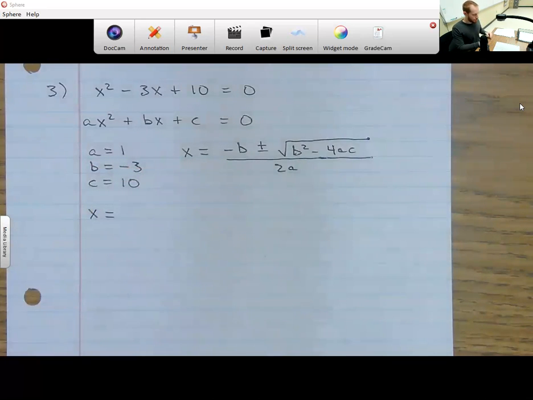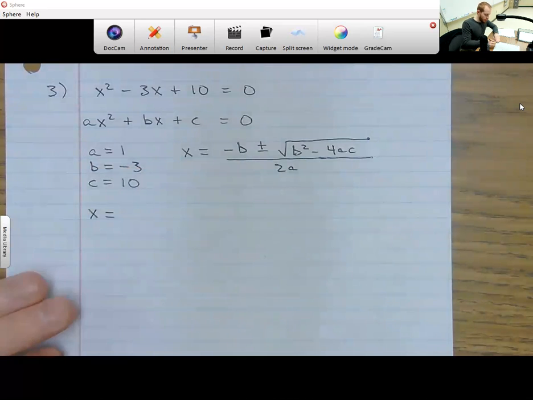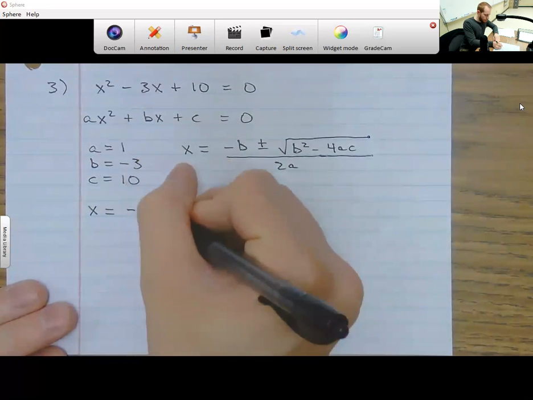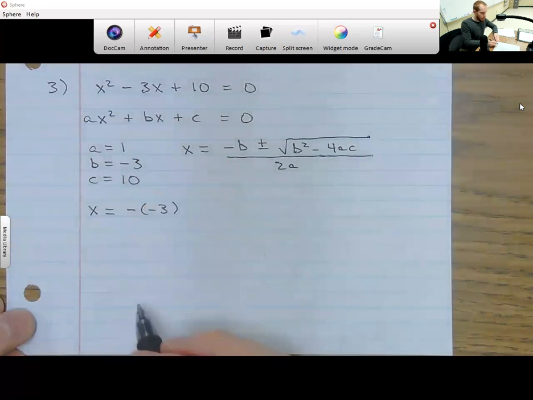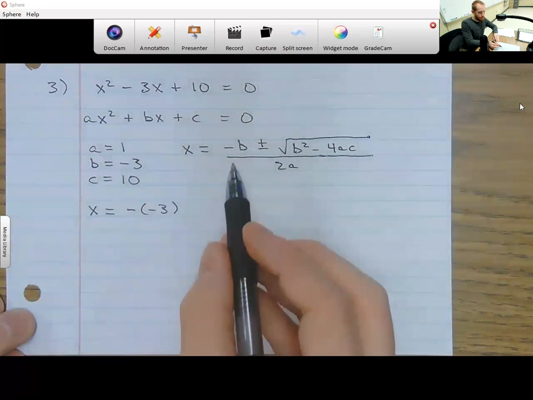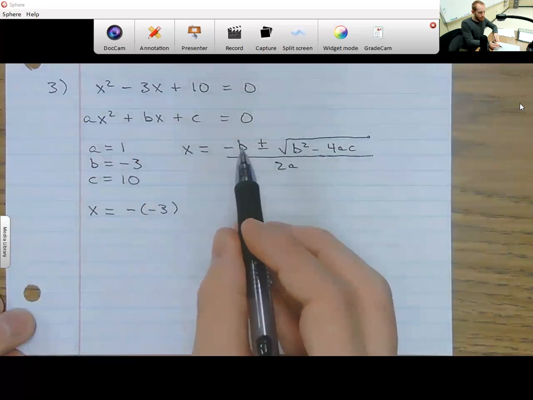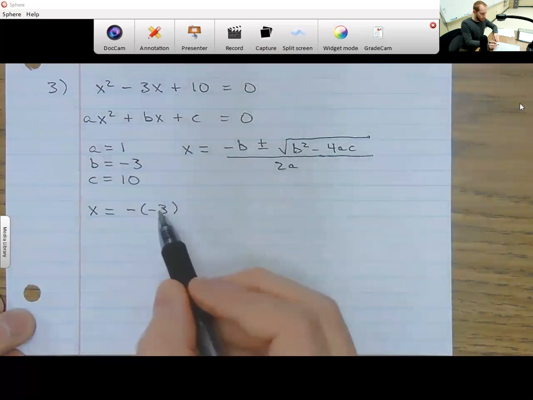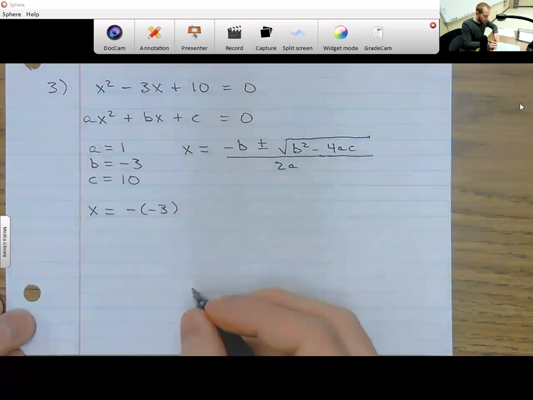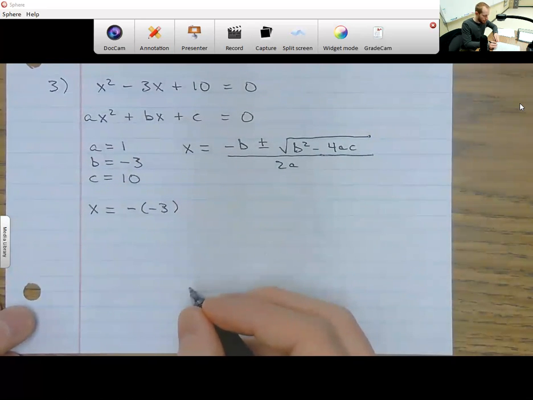So I'm going to have x equals negative b. This is going to be a negative 3. So what I'm doing is I'm putting the minus out in front like I have right here. And I know that b is already negative, so this is actually going to turn out to be a positive 3 when we simplify it. But I'm going to wait until the next step to do that.